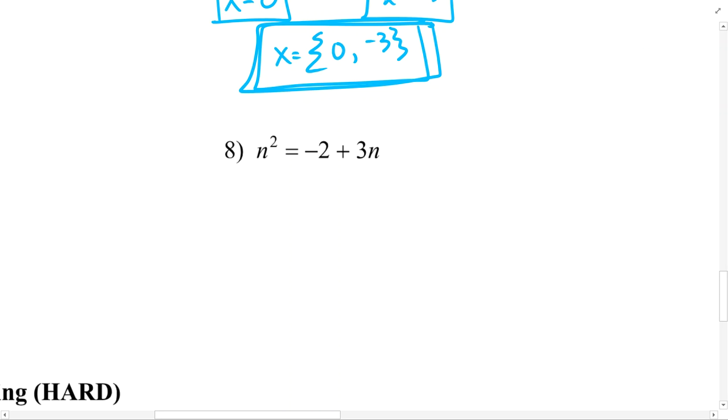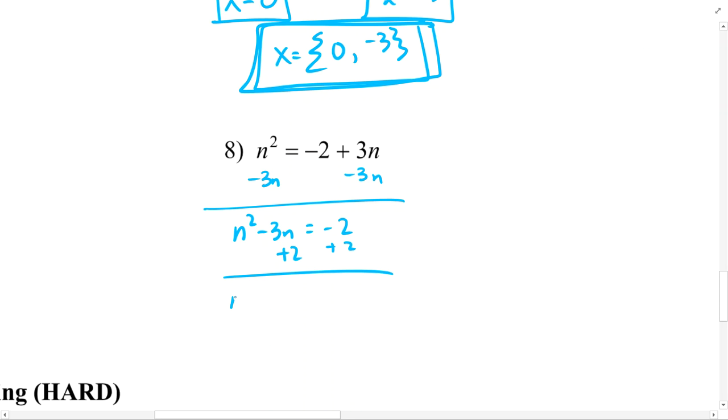For number 8, the first thing that I'm going to do is subtract 3n from both sides. We'll call this n squared minus 3n equals negative 2. Then I will add 2 to both sides so that I have n squared minus 3n plus 2 equals 0.